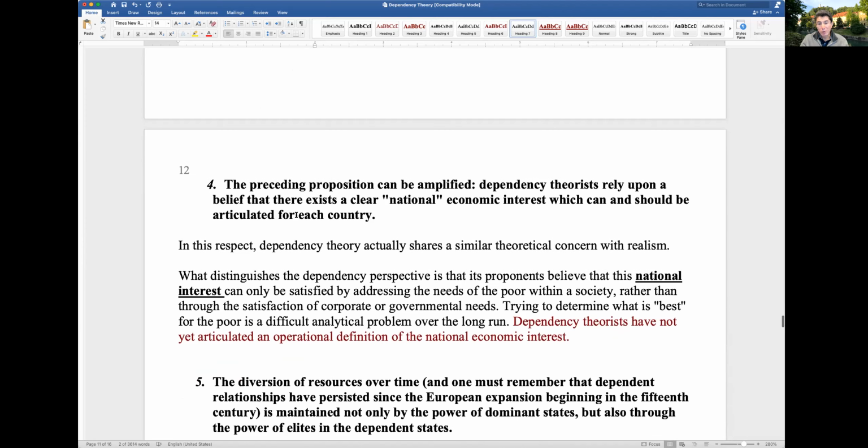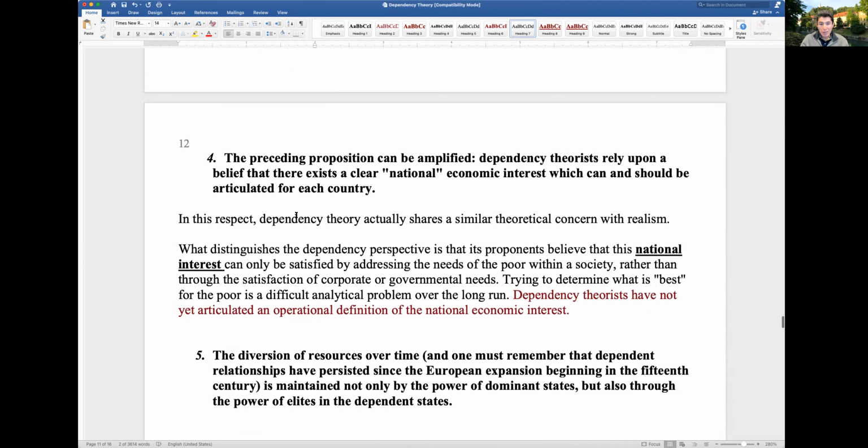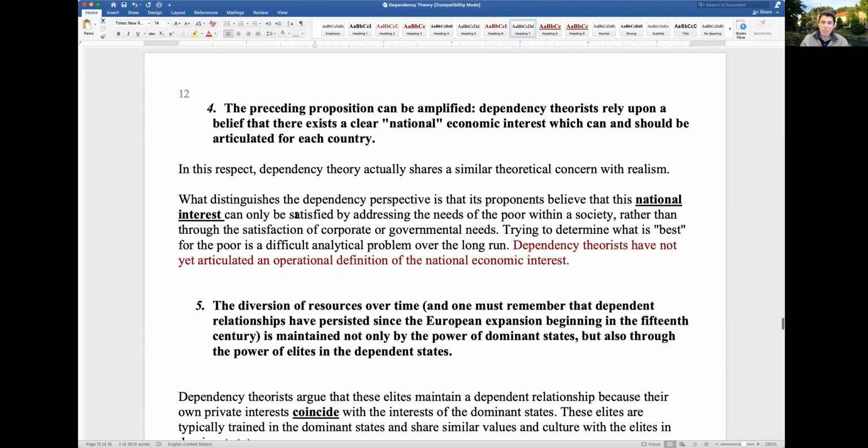The problem, number 4, is that for this there is a need to define what a national economic interest is in the first place. So what is the meaning of what is best domestically for the nation, for the country?